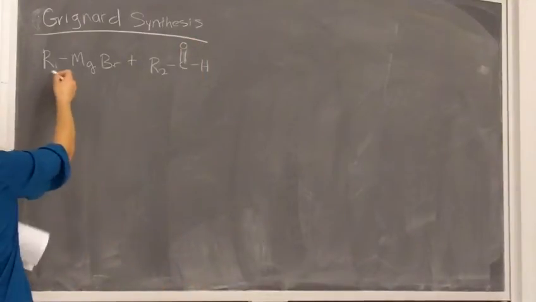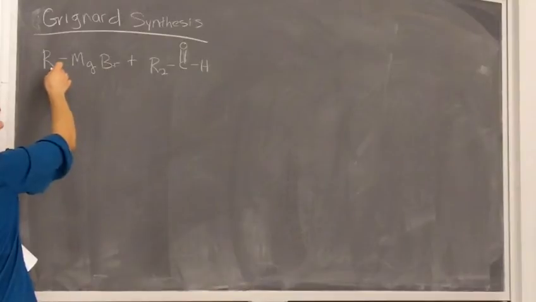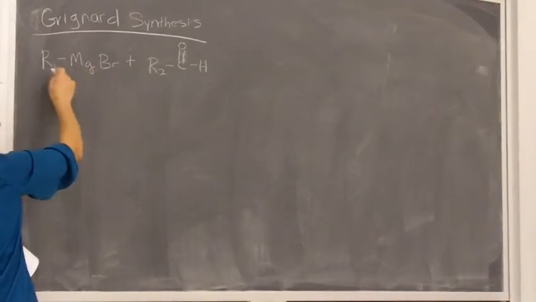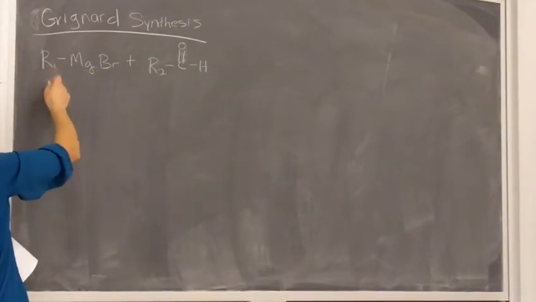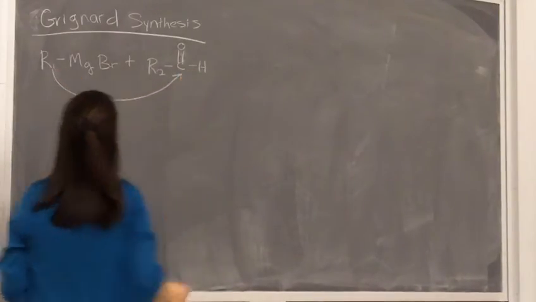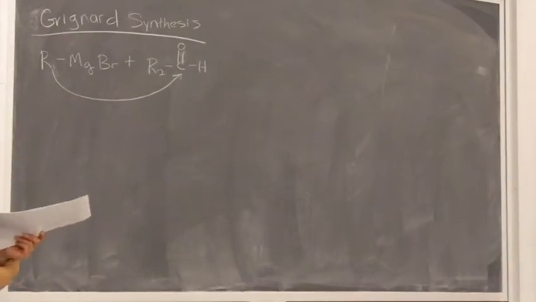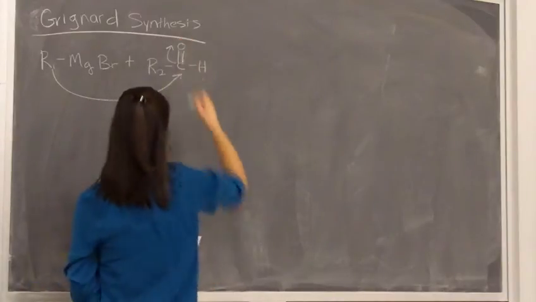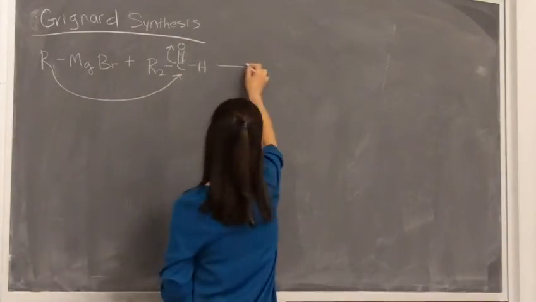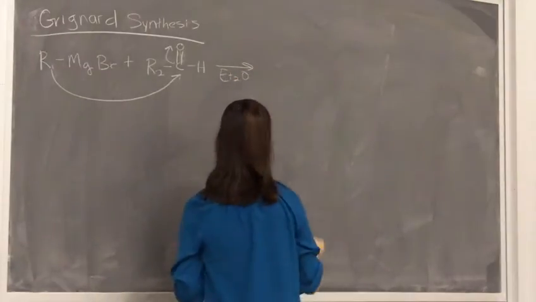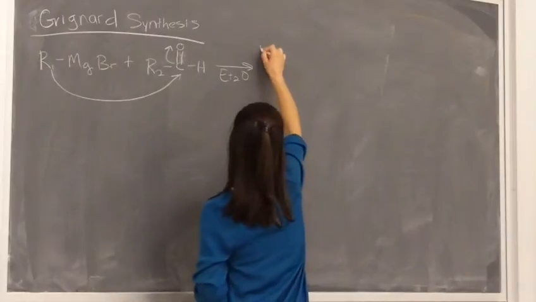And so remember, our carbon here with our Grignard reagent is nucleophilic. It's got nucleophilic characteristics to it, right? Because our magnesium is taking the partial positive charge, our carbon has that partial negative charge, okay? And so we can have that carbon attack our aldehyde. We have our electrons kick up to our oxygen, and again, the entire sequence is in ether as a solvent. And so we form this intermediate.